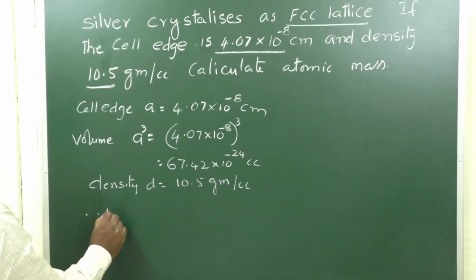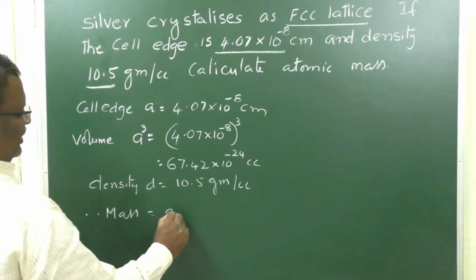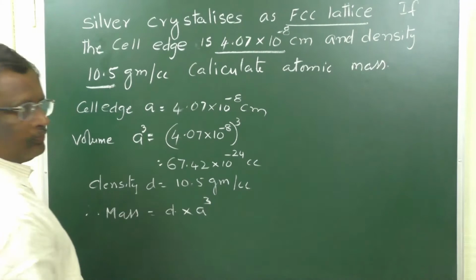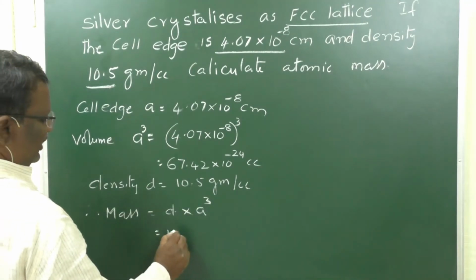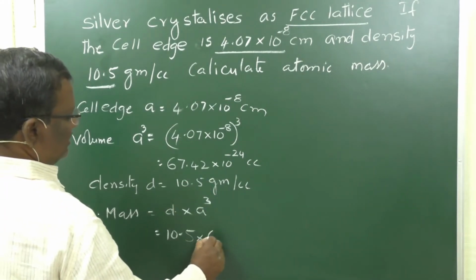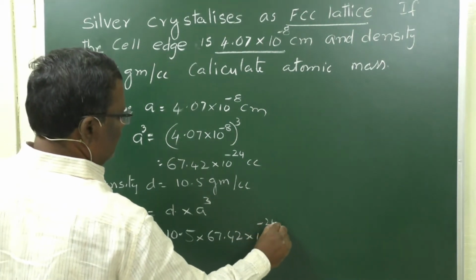Therefore, the mass of the unit cell is equal to density into volume. Density is 10.5 and volume is 67.42 × 10^-24.